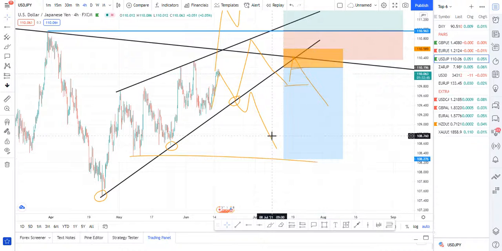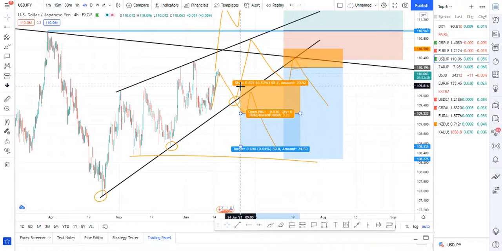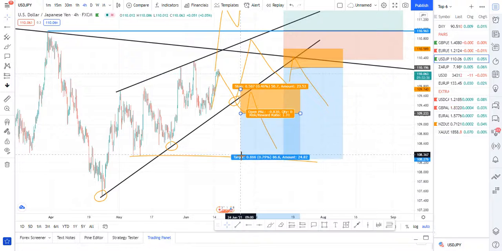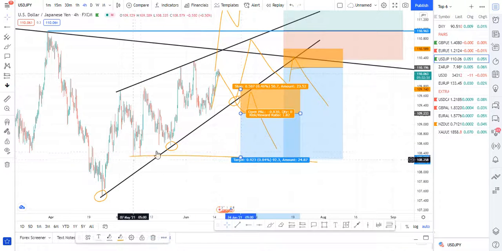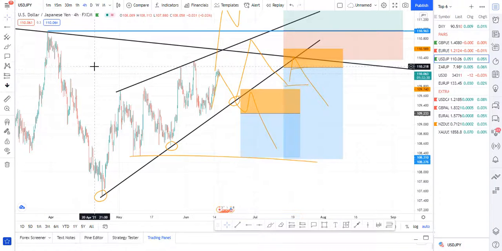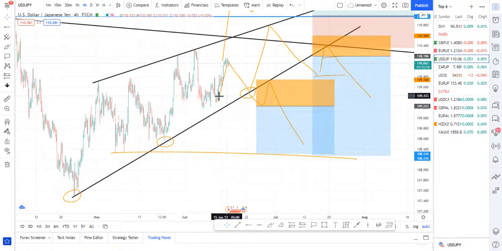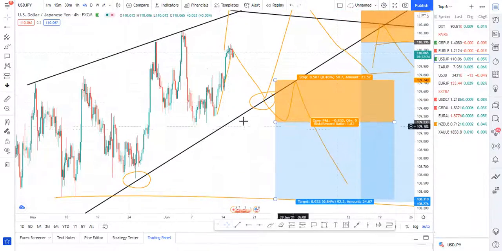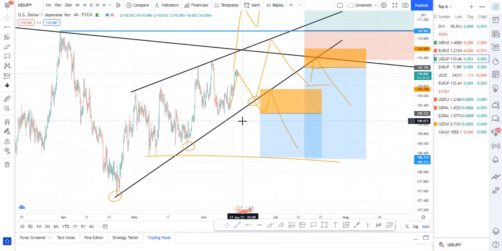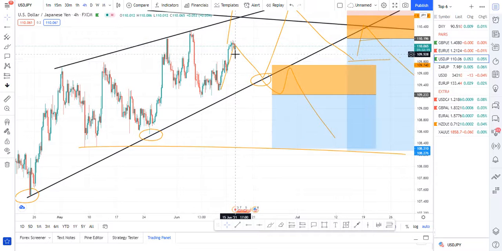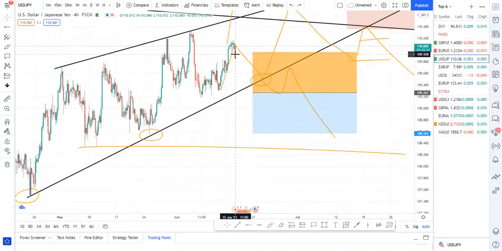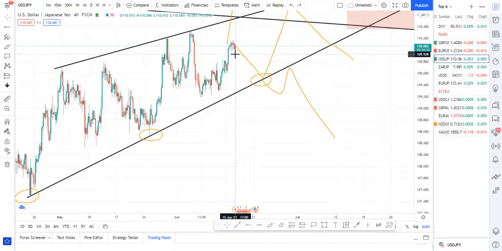And if it does come out of here, just to make it better for me, I'll put it here as well, until right here. So now I know I'm prepared for it coming to the downside. But also what's great is, because now I know that I want to buy as well, I'm going to take that away.